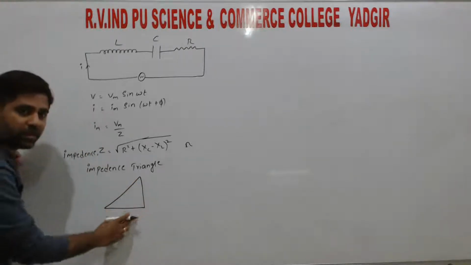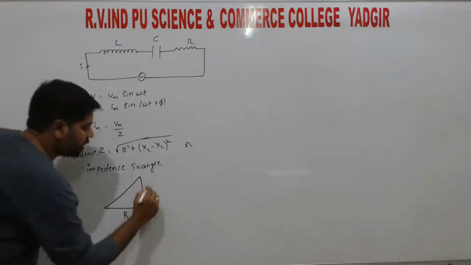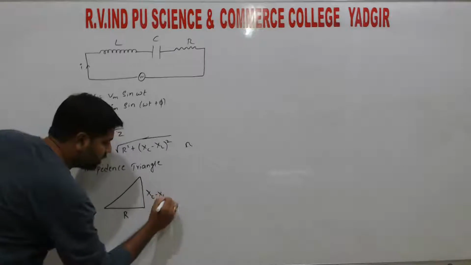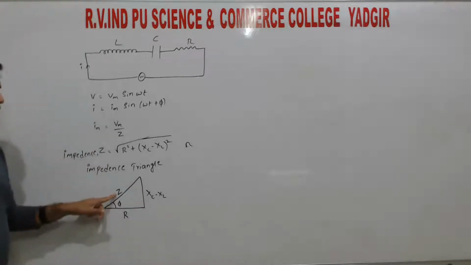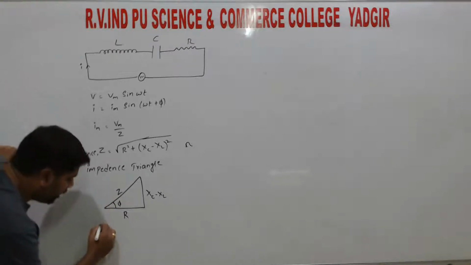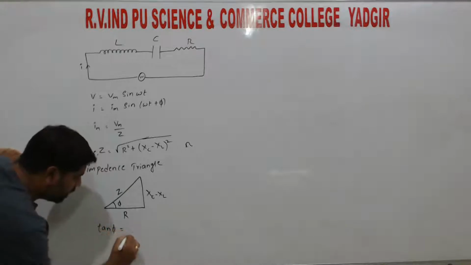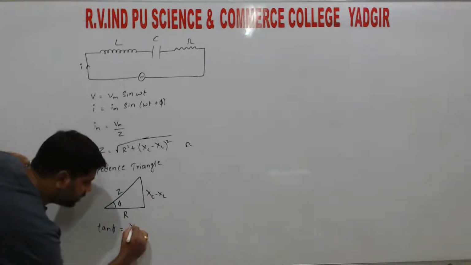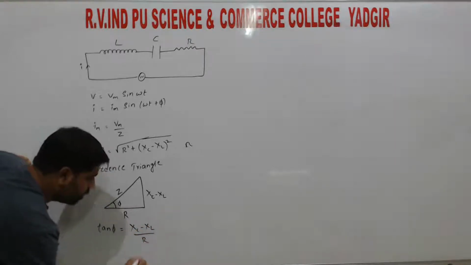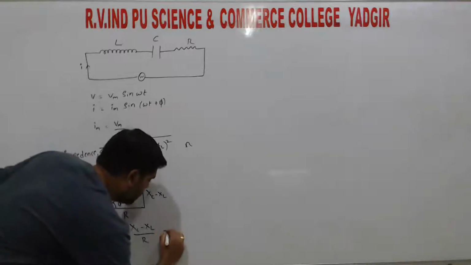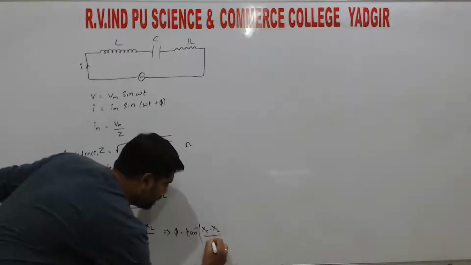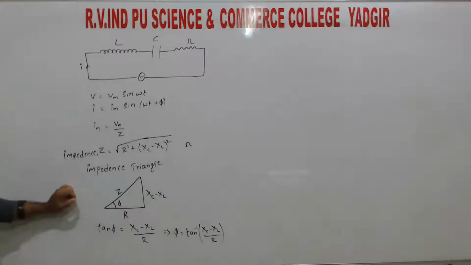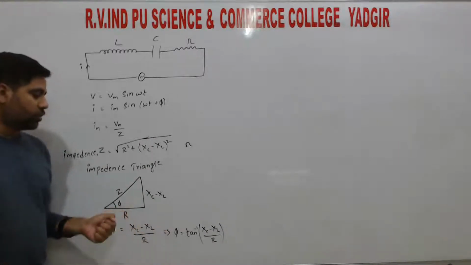The base represents the resistance R, the side represents Xc minus XL, and the angle is phi, and the hypotenuse represents the impedance Z. The phase difference we can find: tan phi equals opposite side by adjacent side, that is, Xc minus XL divided by R. So phi equals tan inverse of (Xc minus XL) divided by R, where phi is the phase difference between the voltage and the current.